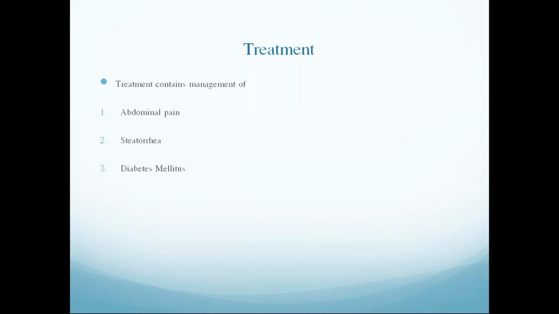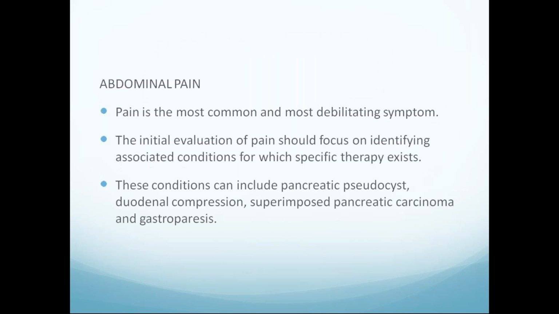So our main priority is first to control the damage, then manage the symptoms, that is abdominal pain, steatorrhea, and diabetes mellitus. Abdominal pain is the most common and most debilitating symptom, so we go for various therapies. Evaluation of pain should focus on identifying associated conditions for which specific therapy exists.